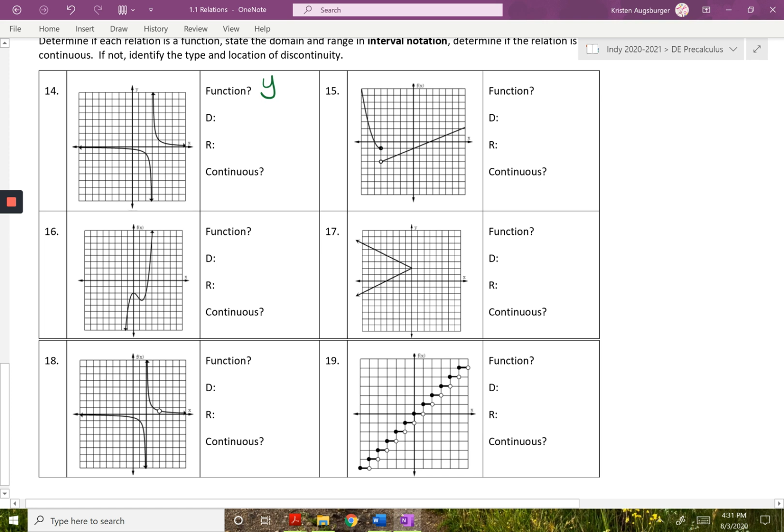15 is a function because I have a circle here. Think of it like all inside, this one right in to that one. So it's all a function. 16 is a function as well. 17 is a function; we failed the vertical line test on number 17.